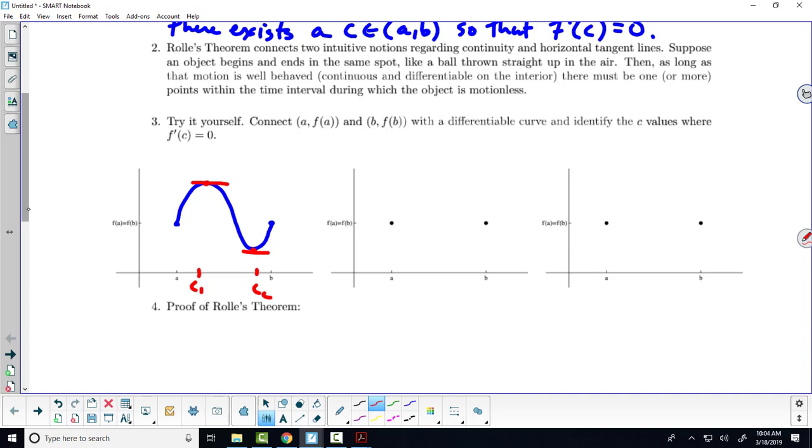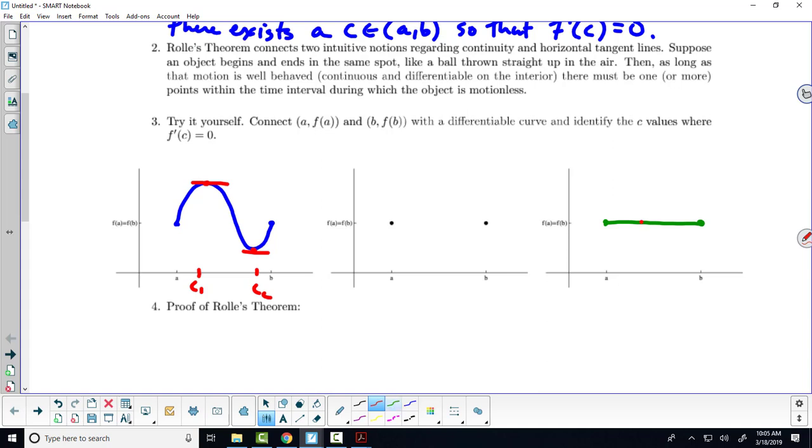Rolle's theorem says there's no way you can get from point a to point b in a continuous manner, differentiable on the interior, without having a place where you have a horizontal tangent line. At least one. Yes? You'd also have an infinite amount of c's if it was just a line. Good. I like that. So let's look at that case. I'll put that one over here. Keep that case in mind because we're going to need that as we're proving it.